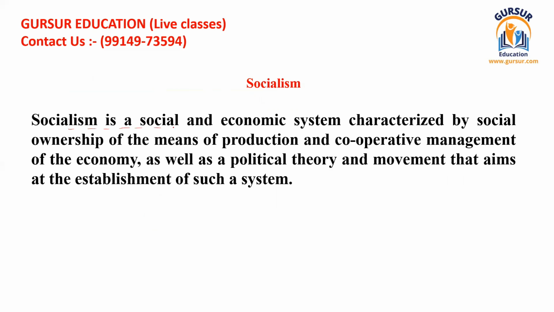Socialism is a social or economic system characterized by social ownership of the means of production and cooperative management of the economy, as well as a political theory and movement that aims at establishment of such a system. What does it teach you? It just tells you that when the means of production are not owned or managed by the private system, this is known as a socialist system.